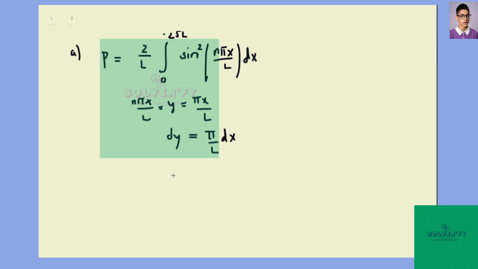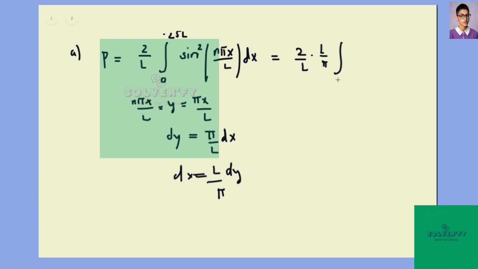So dx is equal to L over pi dy. So the integral now becomes 2 over L. For dx, we substitute L over pi, so we have L divided by pi.